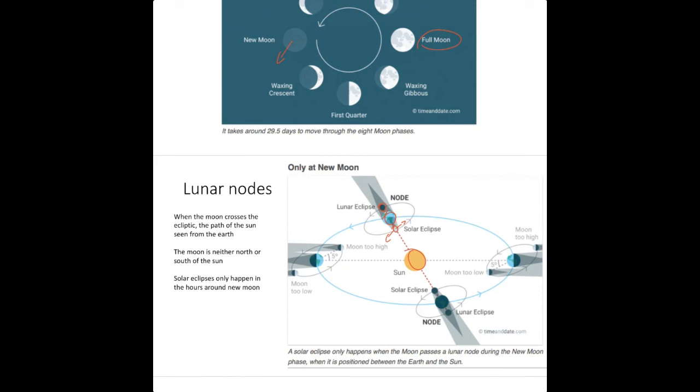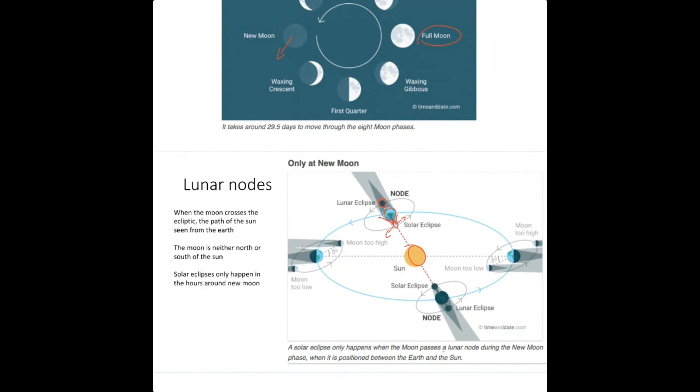Solar eclipses only happen in the hours around new moon and when the moon is in one of its nodes. So solar eclipses only happen when the moon passes a lunar node during the new moon, which means when it is positioned between the Earth and the sun. What should you have?